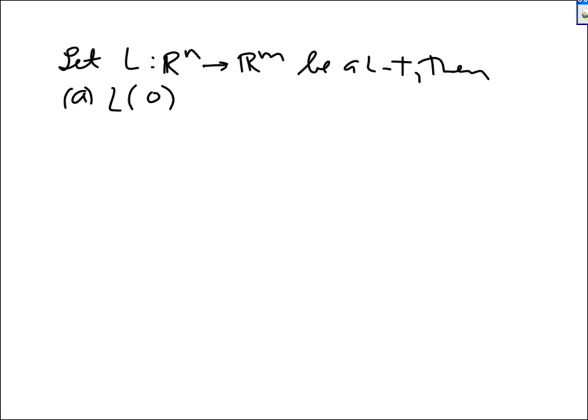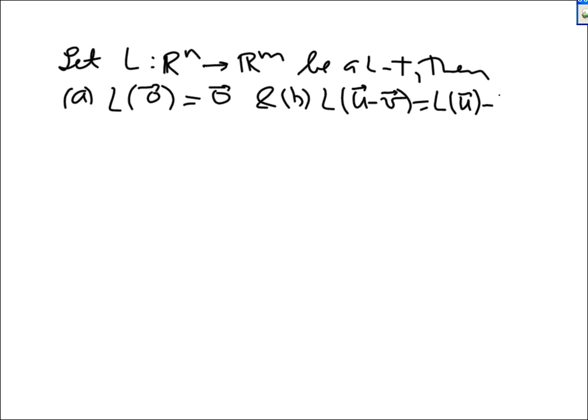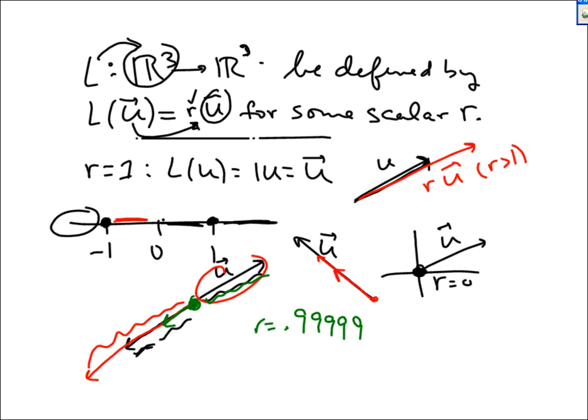Part A: L of the zero vector is equal to the zero vector. And part B says L of u minus v, where u and v are vectors, is L of u minus L of v.